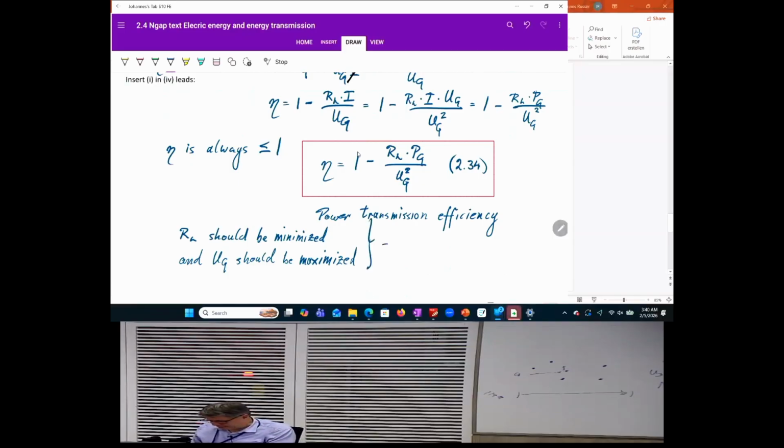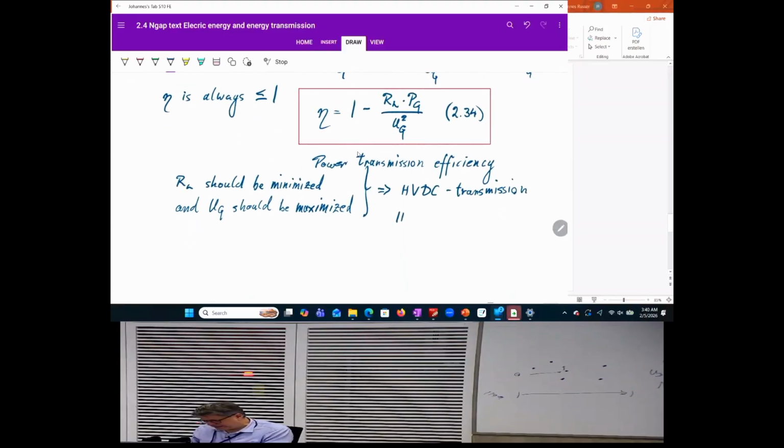So you also can use this here for high voltage DC transmission. This concept for the three-phase current will be a bit different. DC is direct current, and this high voltage direct current transmission is beneficial for minimizing losses.